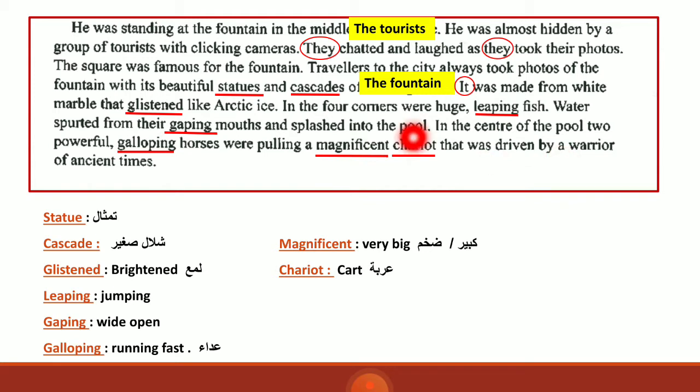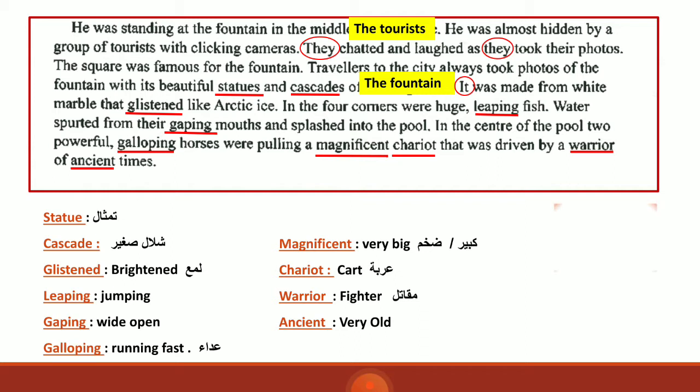That chariot هاي العربة كان اللي بيقودها هو مين؟ A warrior بمعنى a fighter مقاتل of the ancient times. Ancient means old times. بمعنى إنه أنا كان في عندي حصانين، هدول الحصانين بجروا وراءهم عربة، هاي العربة بيقودها مقاتل من الزمن القديم أو الوقت القديم.